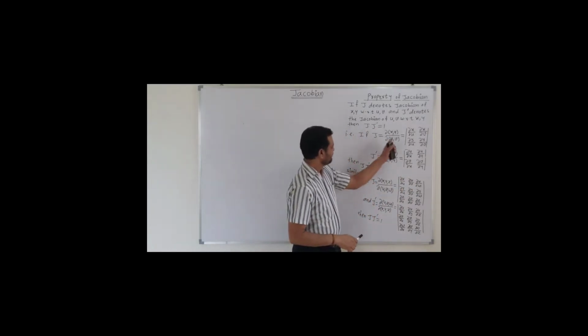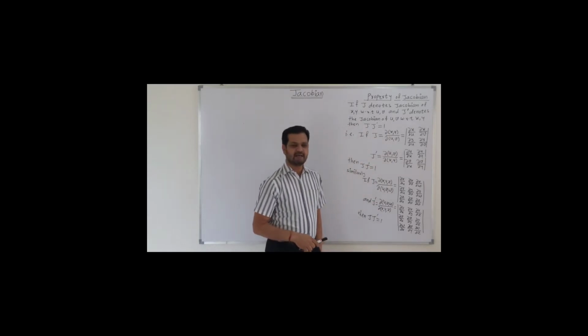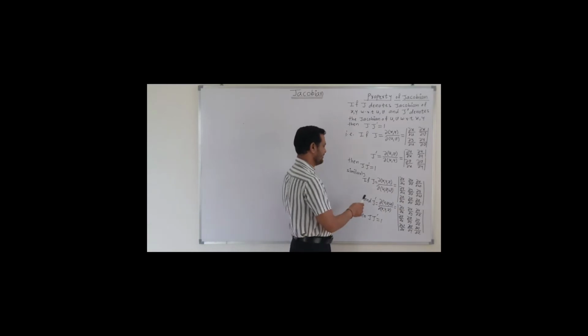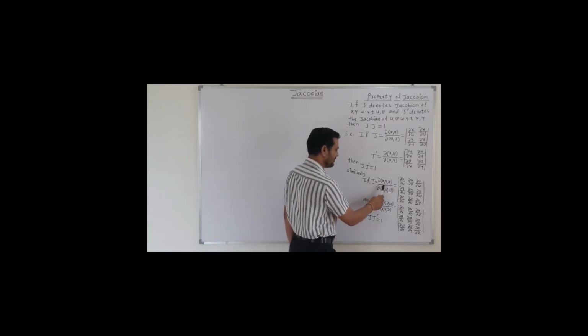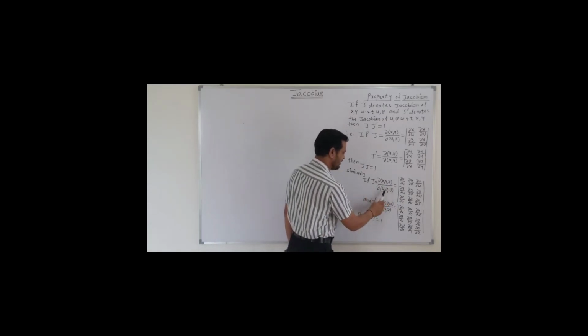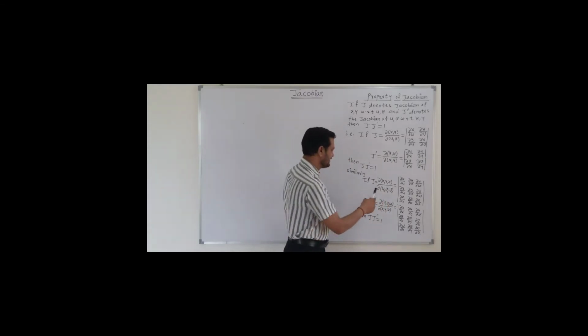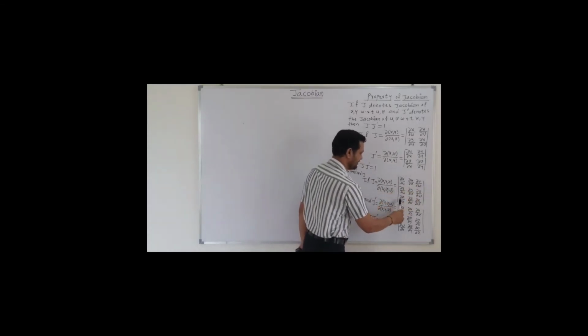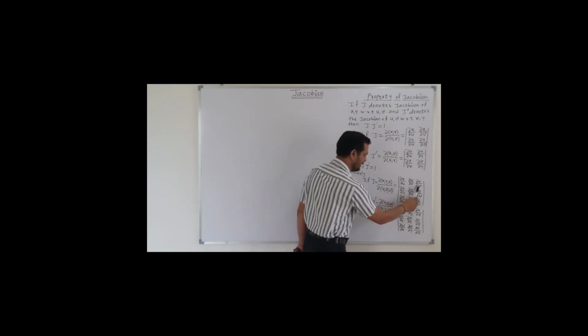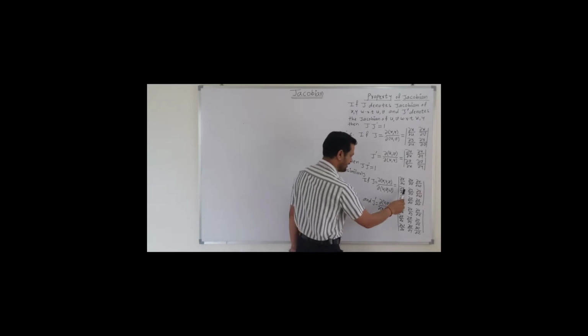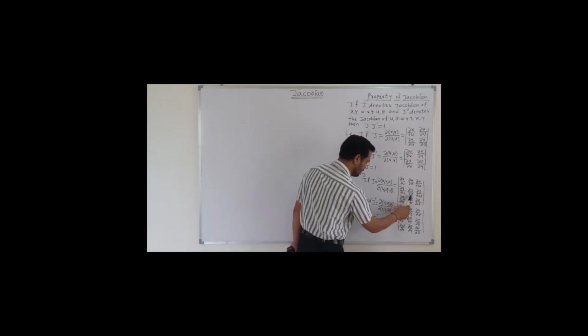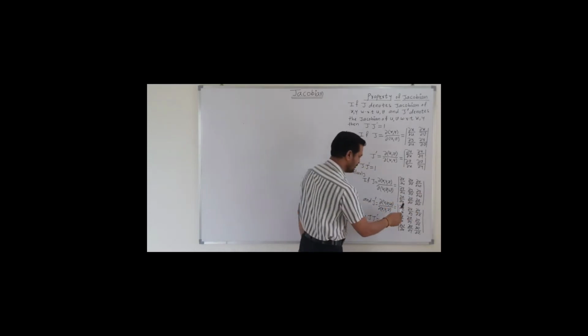So this is for two independent variables. The same concept is applicable for three independent variables. If J is the Jacobian of x, y, z with respect to u, v, w, then its definition is the determinant of the partial derivatives of x with respect to u, v, w, similarly of y with respect to u, v, w, and of z with respect to u, v, w.